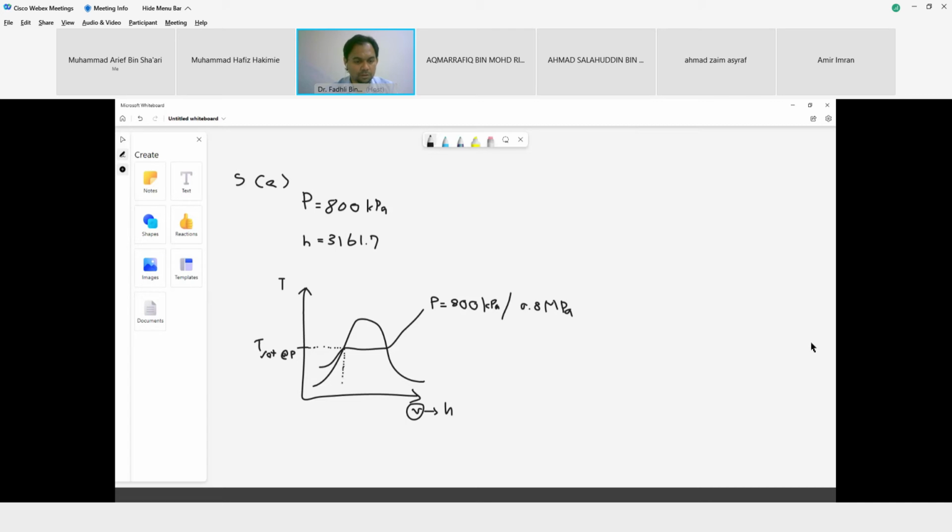Find this one, HF. This one, HG. Okay, get these values first.